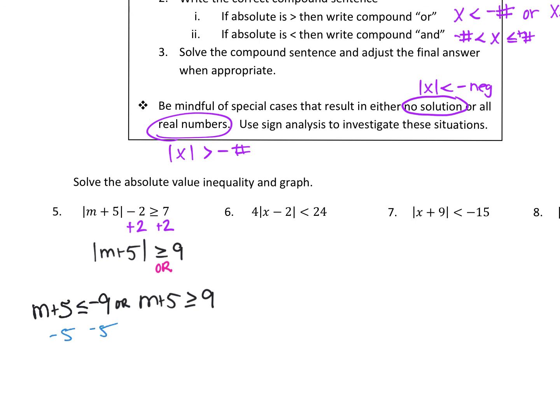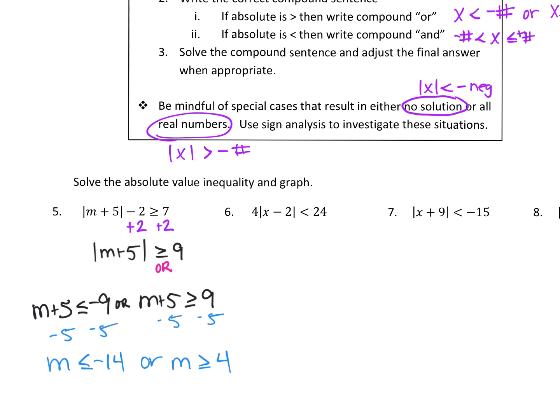Minus 5, m is less than or equal to negative 14, or m is greater than or equal to 4. Now, because we're using the same base equation, we don't end up having the sign flip on one and not the other.